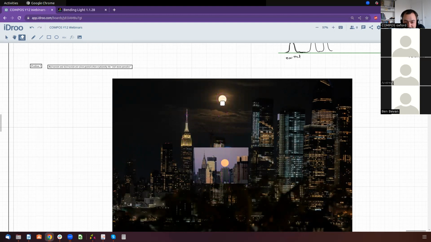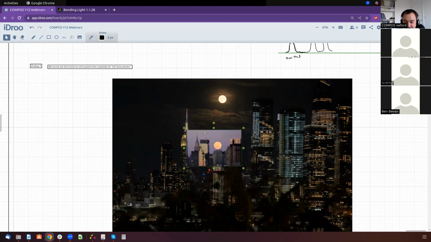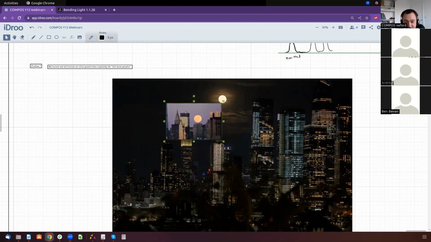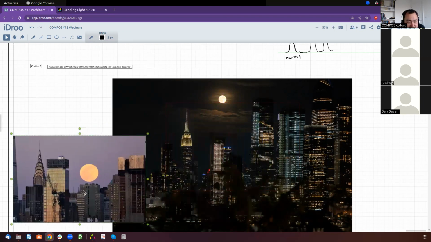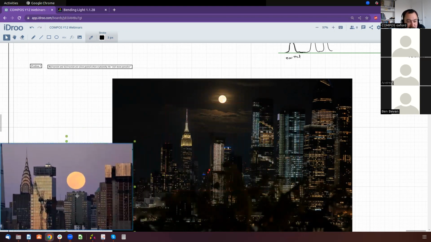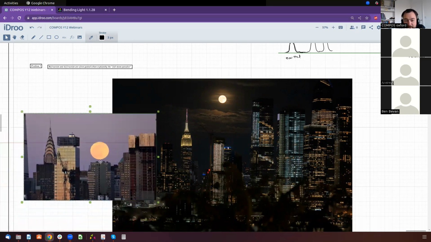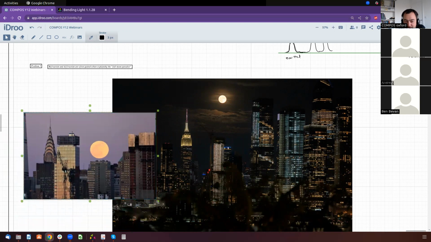So what happens with our perception? It's a really fun thing to think about. Because when the moon is on the horizon, we know that these buildings are very, very far away. And we think that because they are far away, the moon has to be, and the moon is massive compared to them, the moon is big.